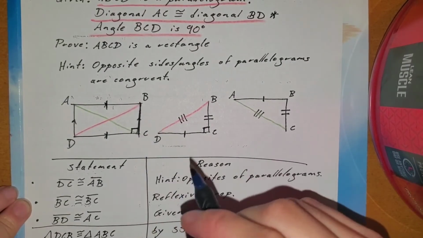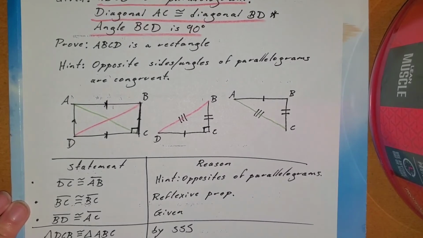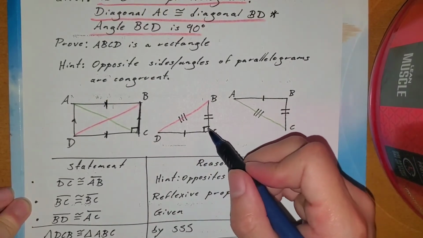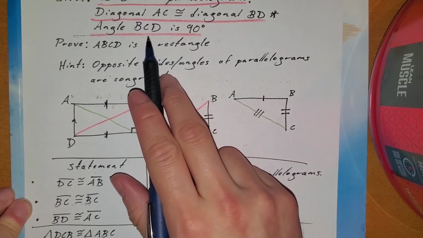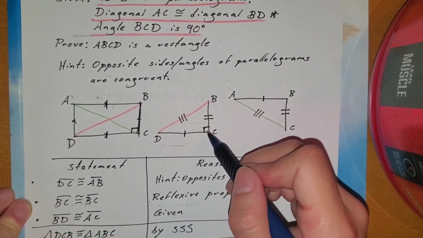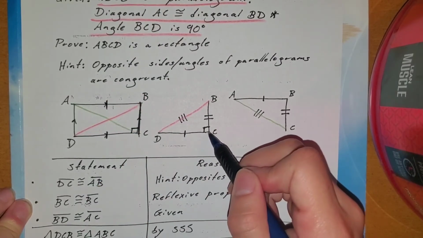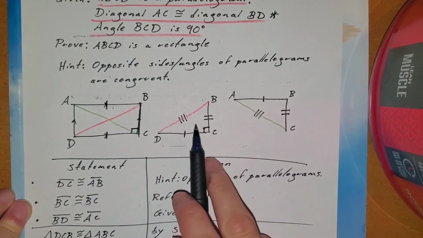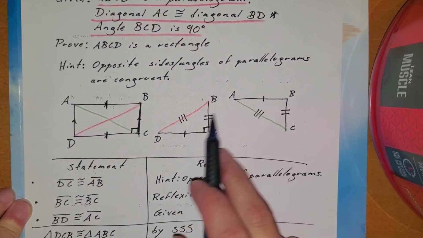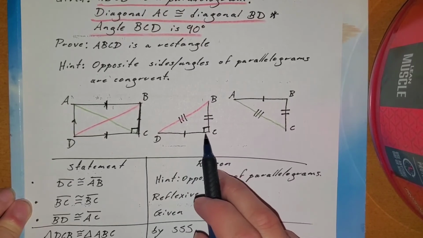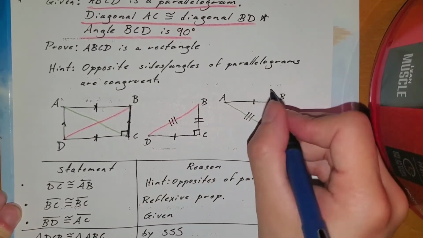Now here's where you have to think a little bit more about these problems. Notice that it is given up here that this angle is 90 degrees. Only that angle, BCD, is given to be 90 degrees. But because we have shown that these two triangles are congruent, notice the corresponding angle. Which angle is corresponding to C? It's this angle up here.